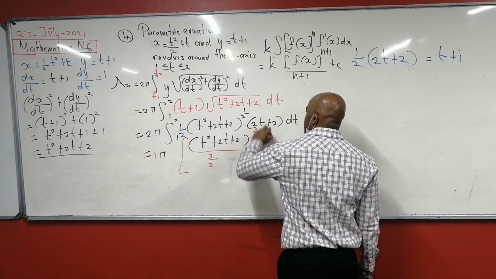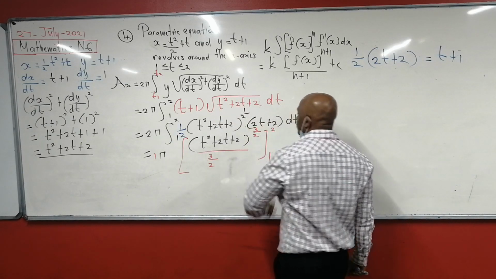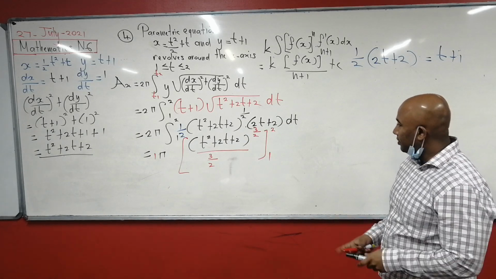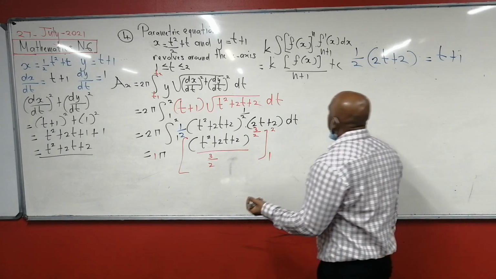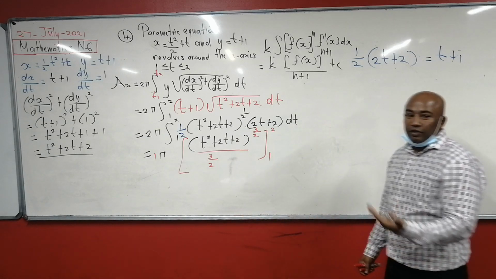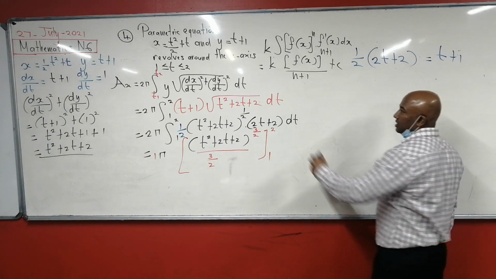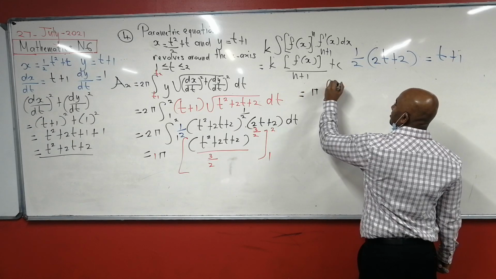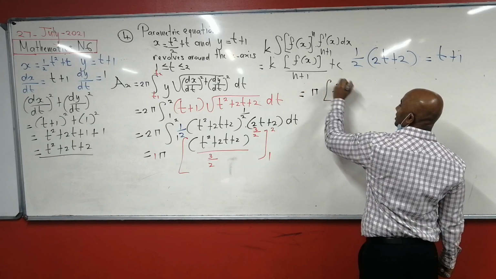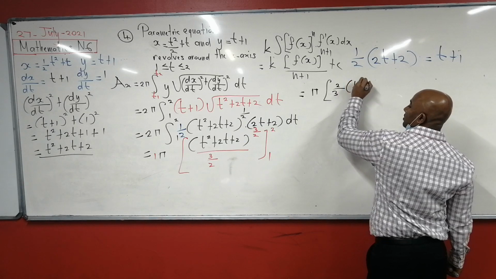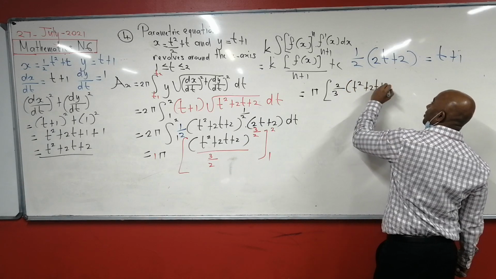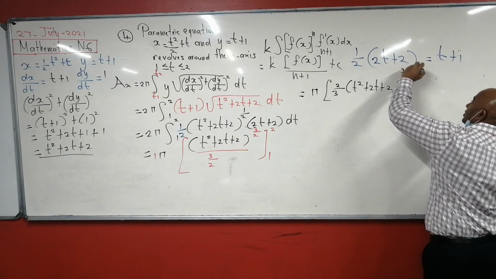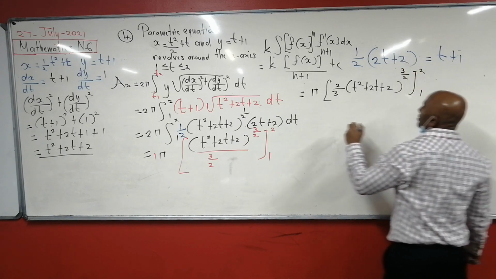So we are ready to substitute 2 and 1. You can change the limits if you want to, but let's just do it as it is. So that's pi, and that's my 2 over 3 there, times t squared plus 2t plus 2 to the power 3 over 2, between 2 and 1.